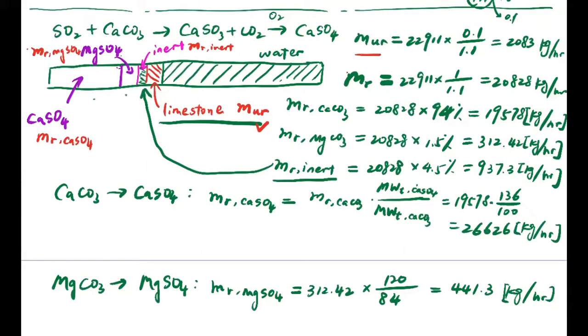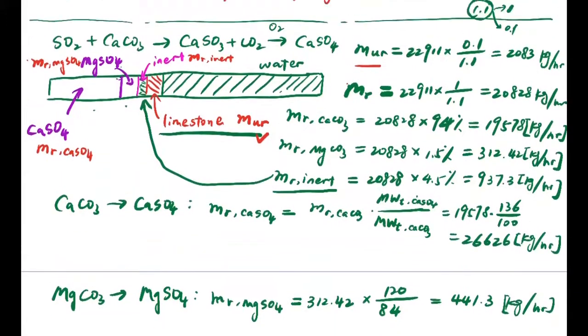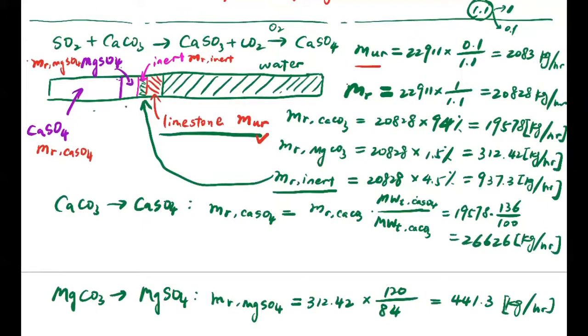calculated all the terms that are required for this sludge. Okay, so first we know what is the water, right? And then we calculate what is the unreacted amount of the limestone. And that's basically the pie chart here. So this is the actual amount of limestone we provide to the scrubber, right?